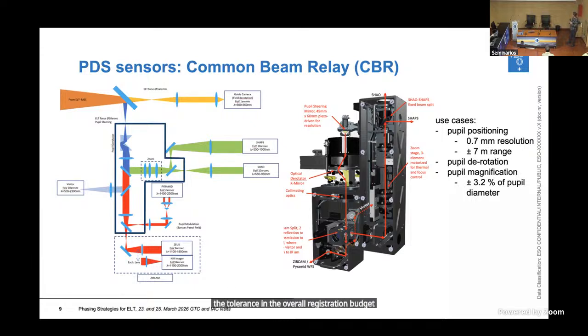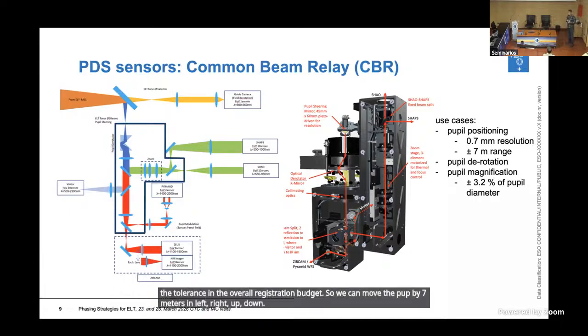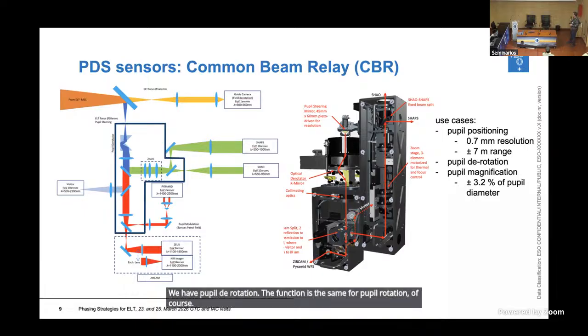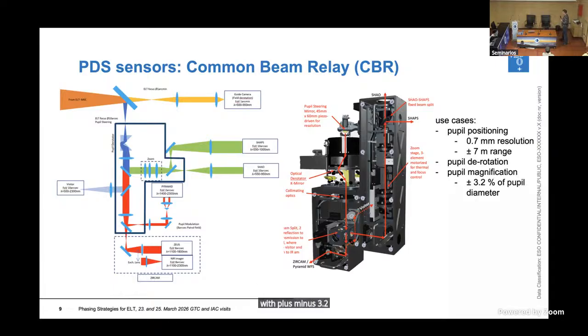So we can move the pupil by 7 meters left, right, up, down, and we can actuate it with an accuracy of 0.7 millimeters in the M1 space. We have pupil derotation, and the pupil magnification, which is done by the zoom optics with plus minus 3.2% of the pupil diameter.